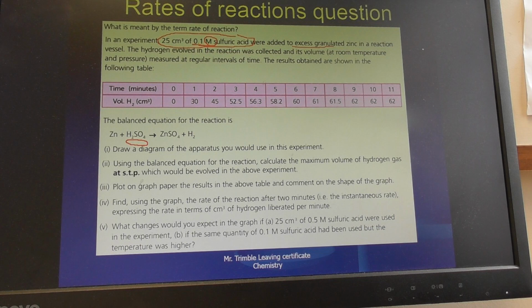Now, if you had a litre, if you had 1,000 cm cubed of it, then you could say that you have 0.1 moles. But we don't have 1,000 cm cubed. We don't have a litre. If we had a litre, it'd be 0.1 moles, but we only have 25 cm cubed of that.